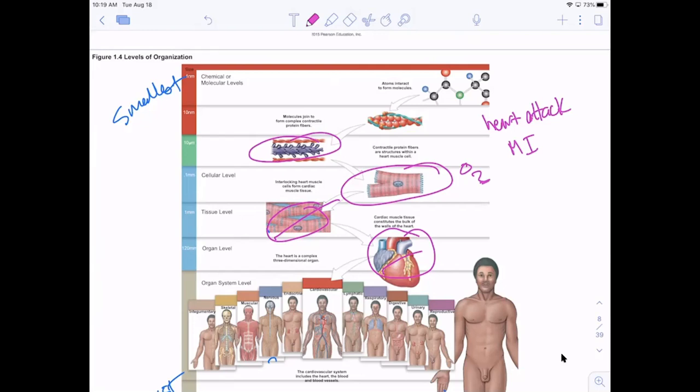So no oxygen, no ATP, no energy. If there's no energy, then it can no longer contract. If the heart muscle can't contract, then the blood does not get pumped to the rest of the body. And if the blood doesn't get pumped to the rest of the body, then this guy dies.